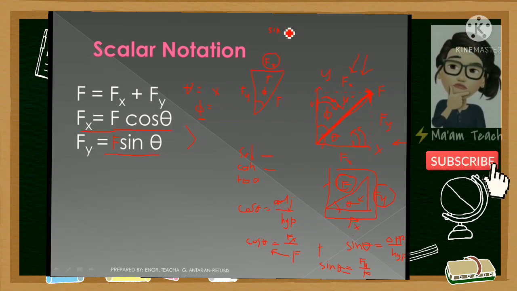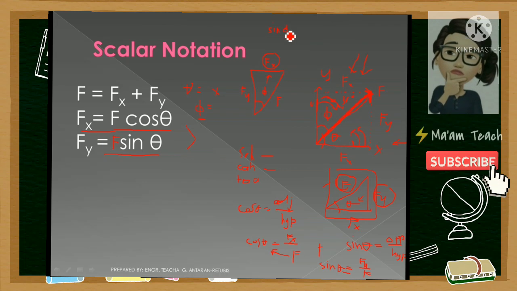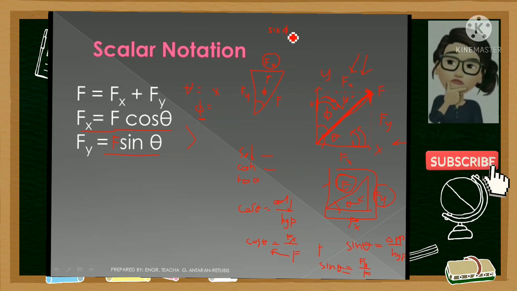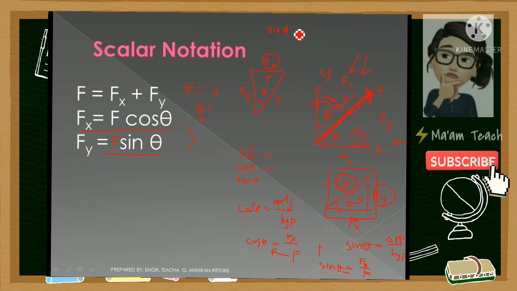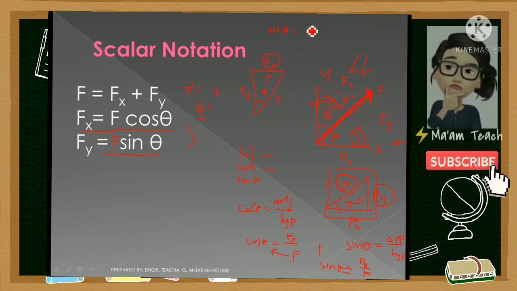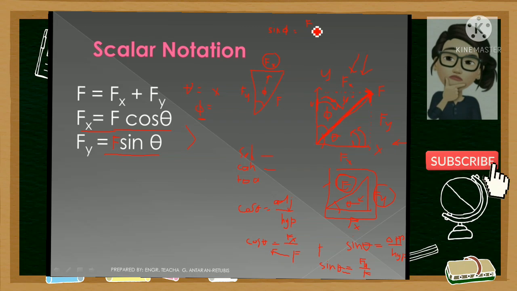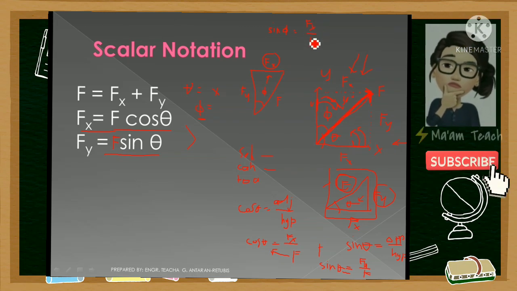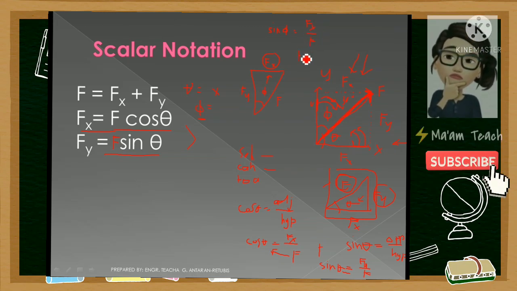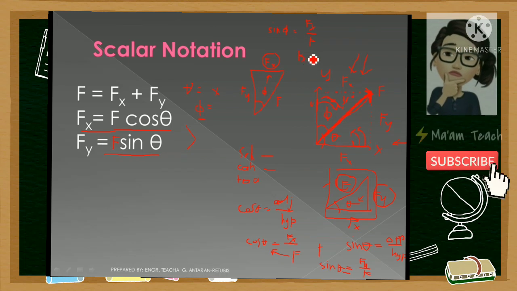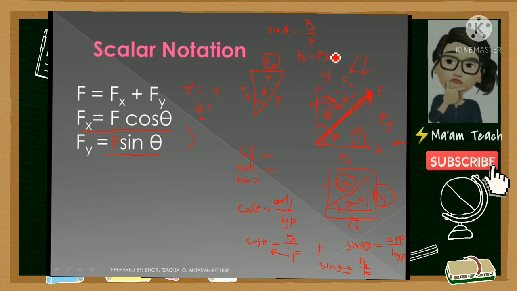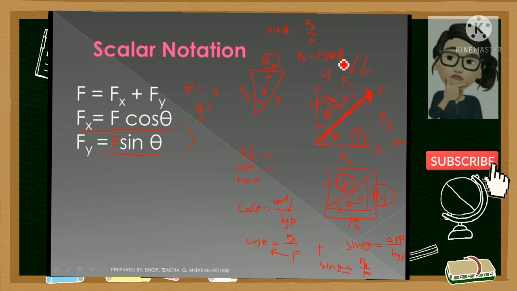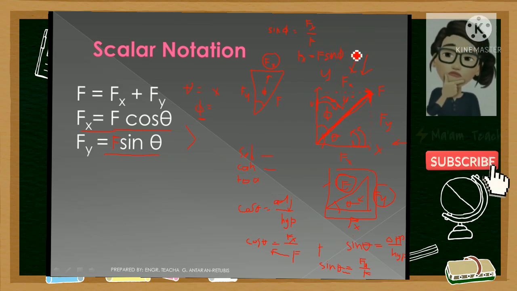Your formula will be sine phi. Take note, class, instead of theta, we will now be using angle phi because that's our angle here. So sine phi is equal to your opposite side, f of x, over your hypotenuse, f. Therefore, to solve for f of x, your formula, class, will become f sine phi. Can you follow? Observe, class.